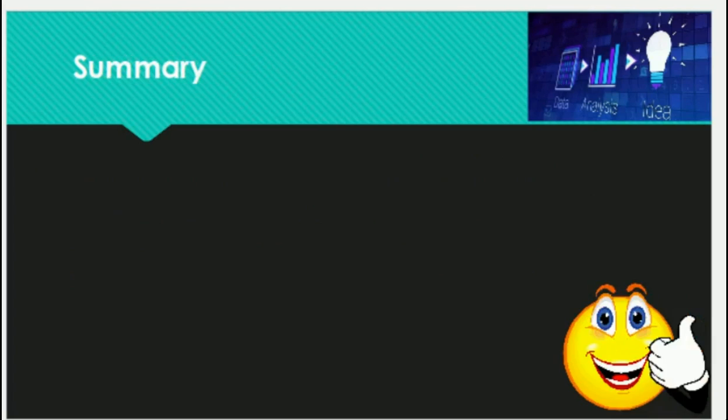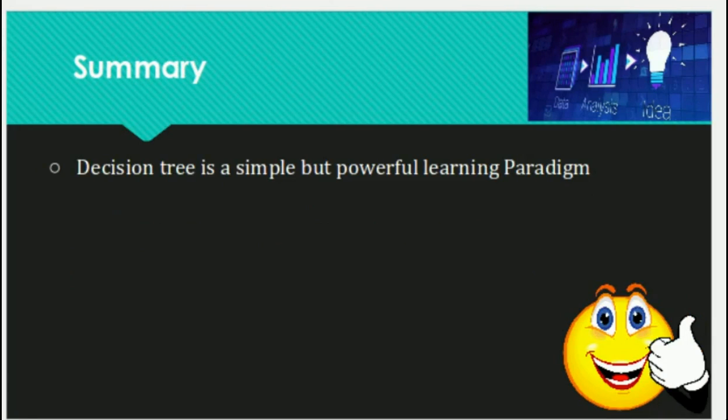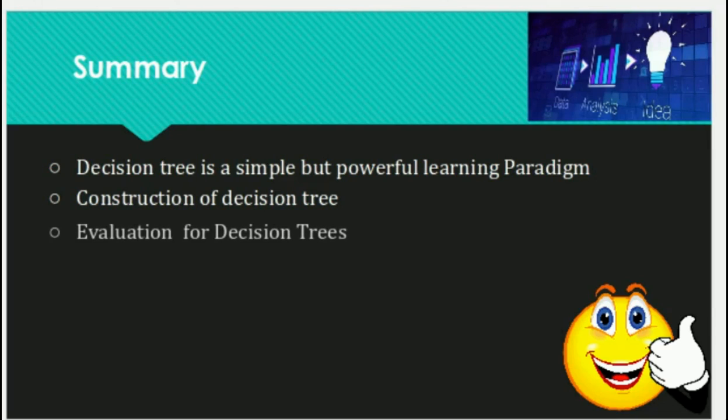Now we will summarize today's session. We discussed that decision tree is a very simple but powerful learning paradigm. It is a type of classification algorithm for supervised learning. We reviewed the general algorithm for the construction of decision tree, in which you learned that we need to test all the attributes and select the one that will function as the best root.